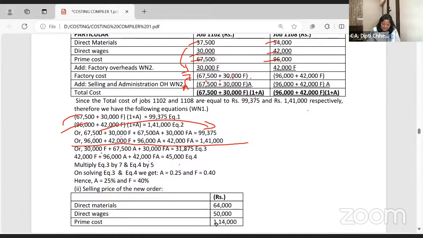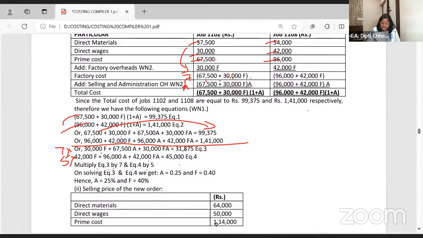Now there is some common factor like 5: 5 6s are 30, 5 7s are 35, 5 8s are. Right. So according to the common factor, multiply equation 3 by 7 and equation 4 by 5, and when you multiply, things will get cancelled.